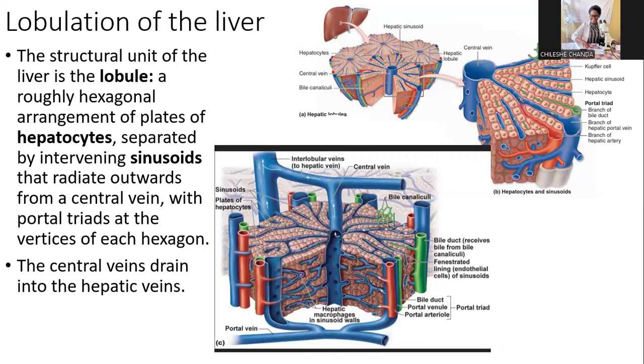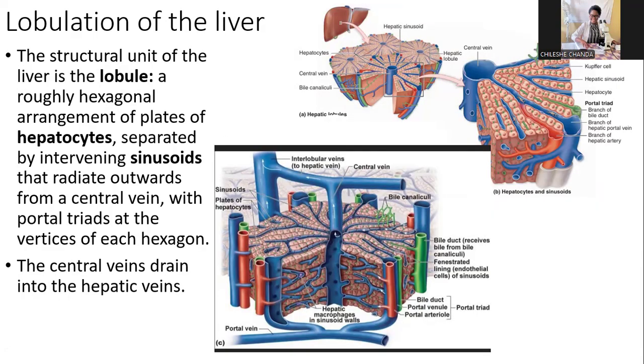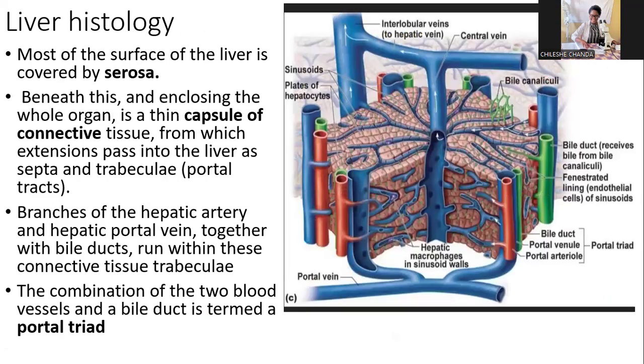On the picture at the top, we have four segments that have been divided by the trabeculae coming from the capsule of the liver. Beneath the serosa and enclosing the whole organ is a capsule, and this capsule sends in trabeculae that divide the liver into several lobes or lobules.